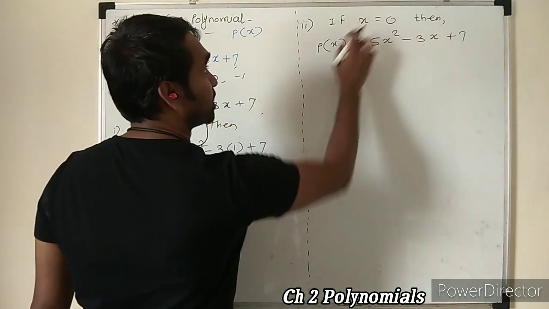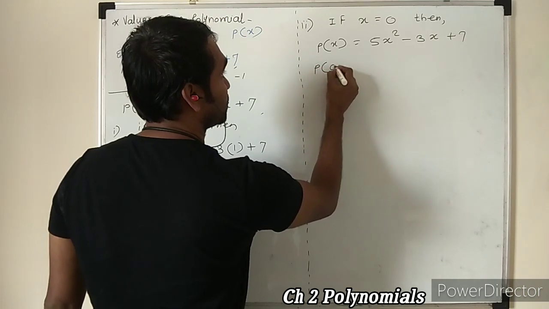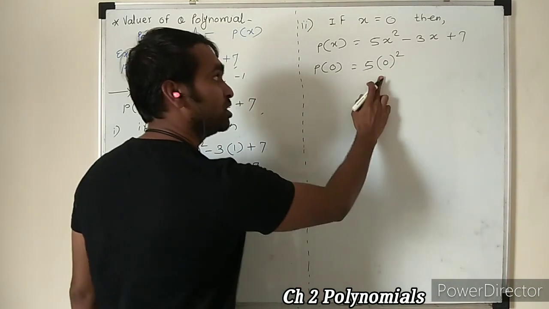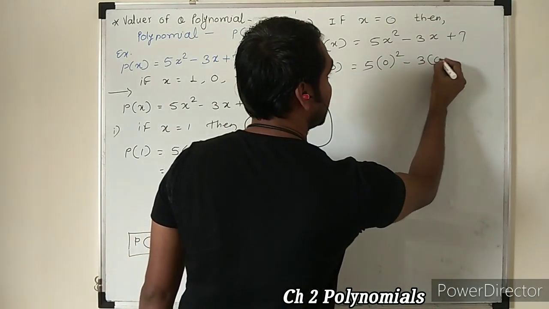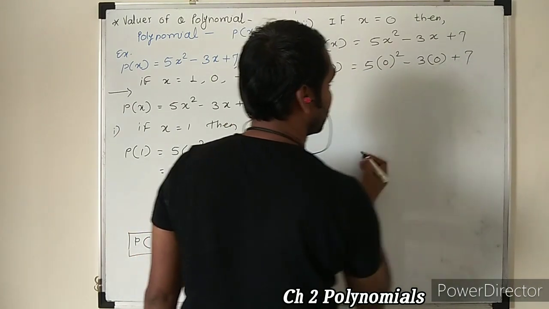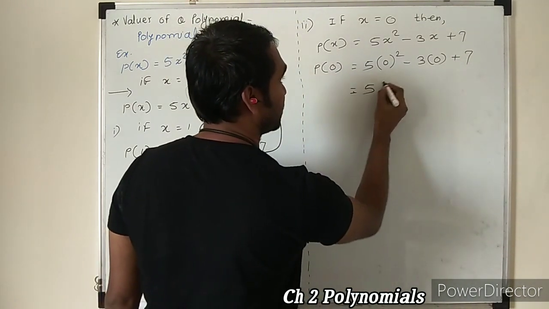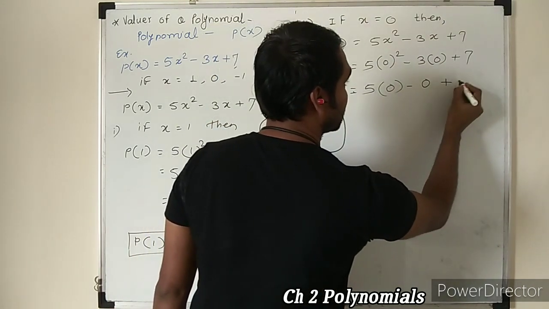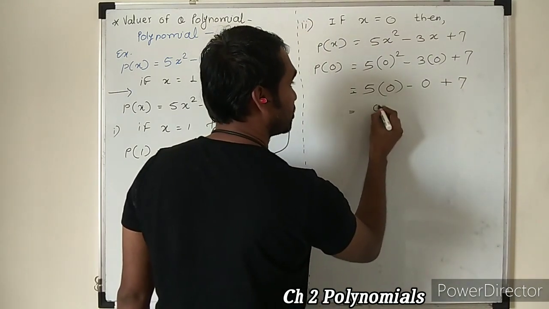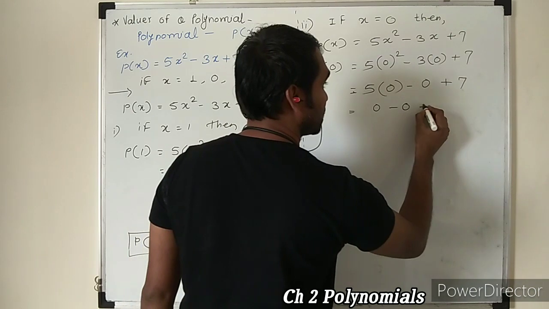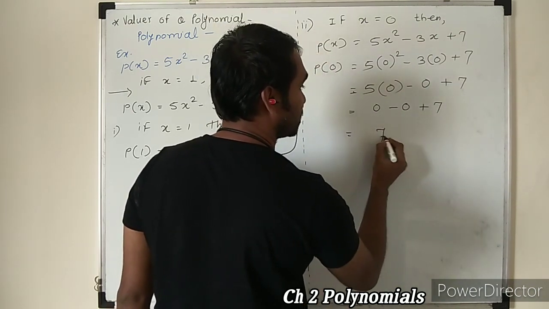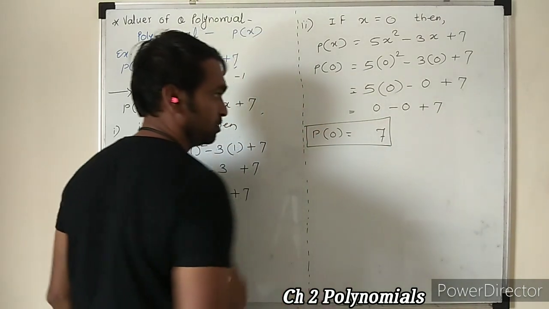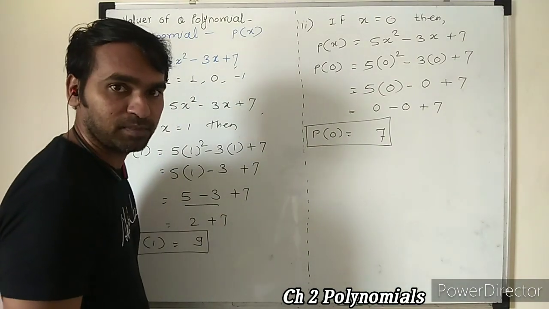Then if x is equal to 0, P of 0 is equal to 5 multiply 0 square minus 3 multiply 0 plus 7. Then solve. 5 multiply 0 square is 0, minus 3 multiply 0 means 0, plus 7. So 0 minus 0 plus 7. What is the answer? Positive 7. Then P of 0 is equal to 7. That is the values of a polynomial.